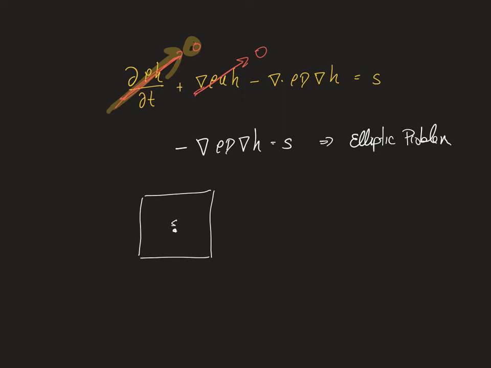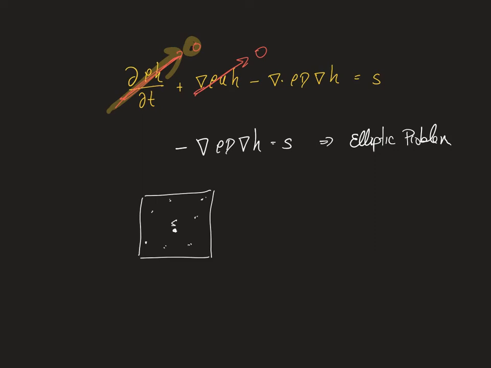When we solve the equation, we realize that this information will arrive in all directions at a speed equal to infinity. It's going to be infinitely fast how this information arrives at these different locations in the domain.